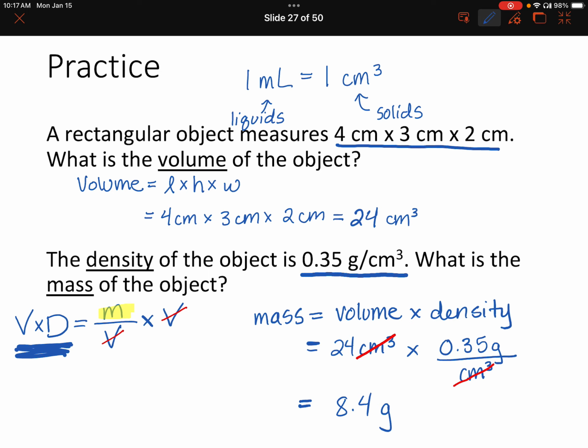Now, I know that some people don't write their equations the way I do. Sometimes I know people will use what are called train tracks. So you might use something like this, and you might have set it up with 24 centimeters cubed in the upper left, and then 0.35 grams over 1 centimeter cubed.